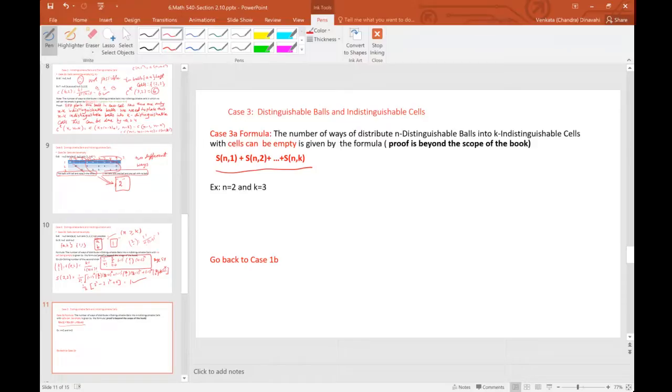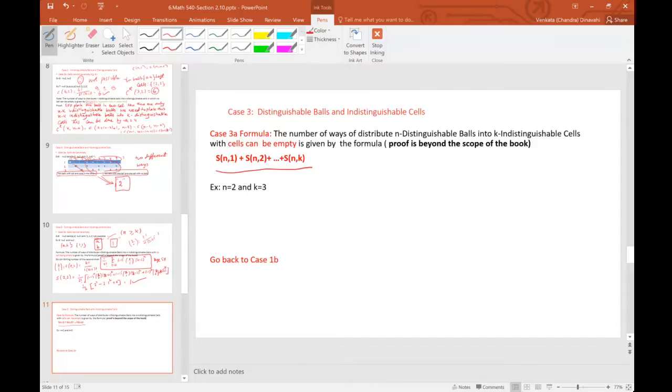The one way you can understand is you have to use the addition principle. This is simply saying how many ways I can put n distinguishable balls in k indistinguishable cells with no cell being empty, that is this, or n balls into k indistinguishable cells with one cell being empty, and with two cells being not empty, with three cells being not empty, and you will add all the possible combinations.